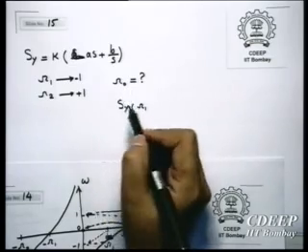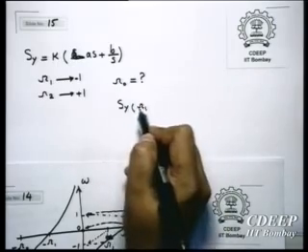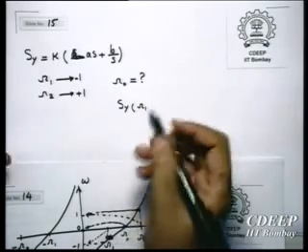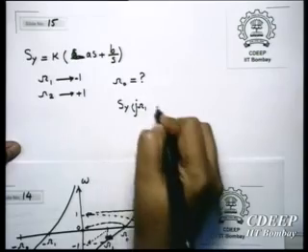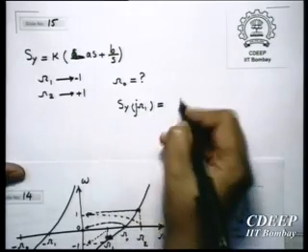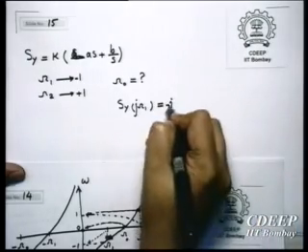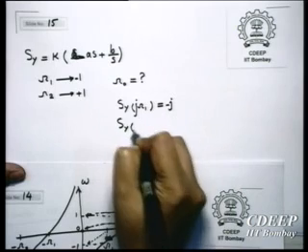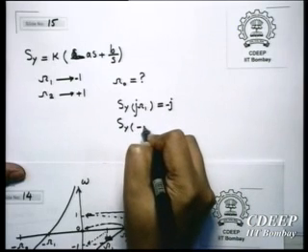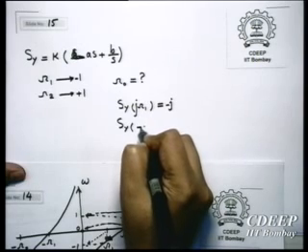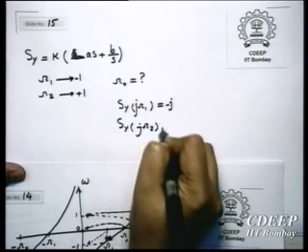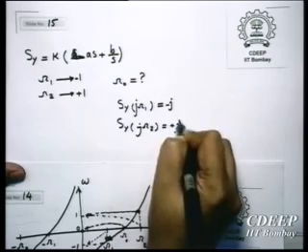So this is S, therefore we just need to replace it by j omega. So j omega 1 is equal to minus j, and S' of j omega 2 we want to be plus j.